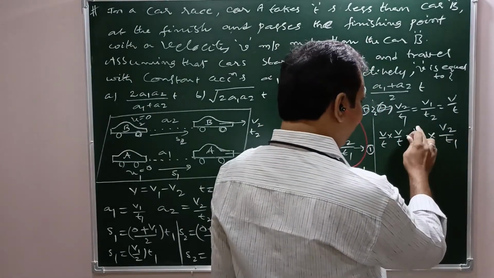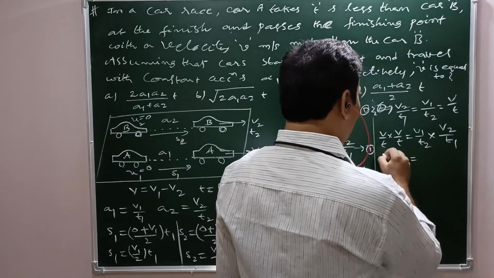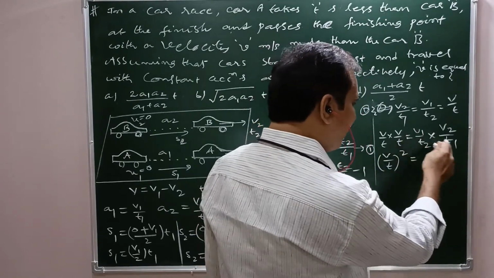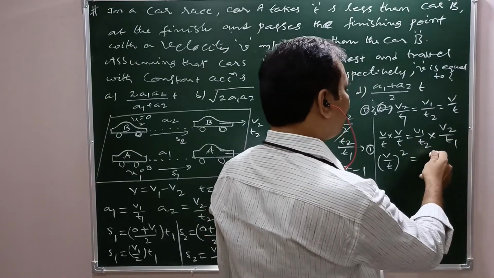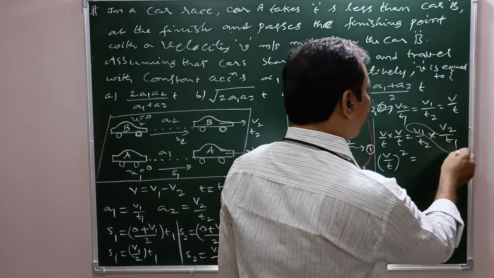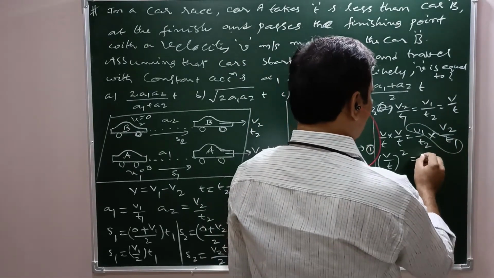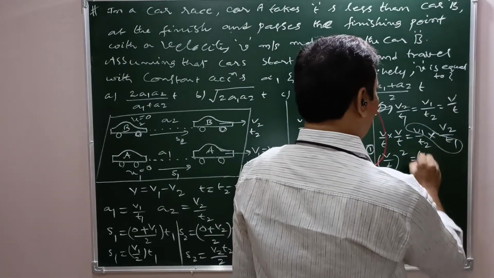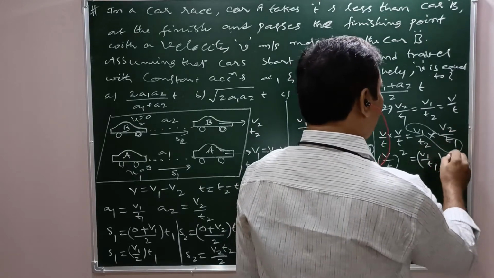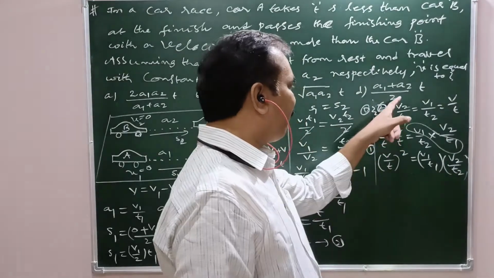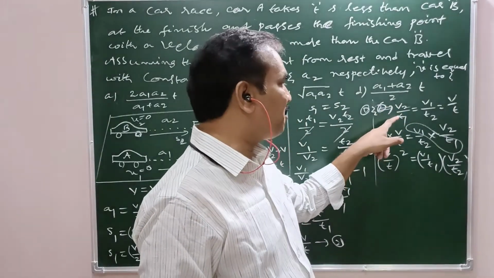Now V by T whole square can be grouped into these forms: V1 by T1 multiplied by V2 by T2. Why? Because here V2 by T1 is there, but T2 is not there.